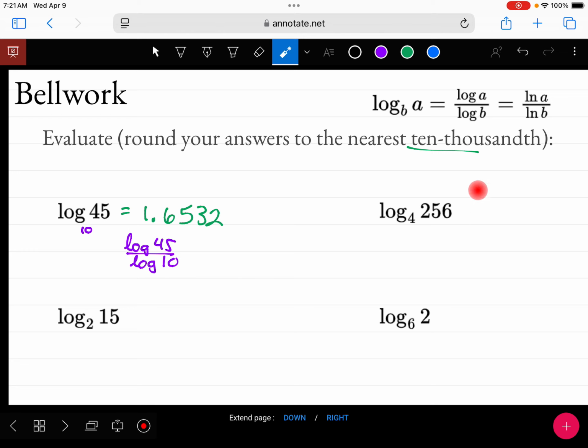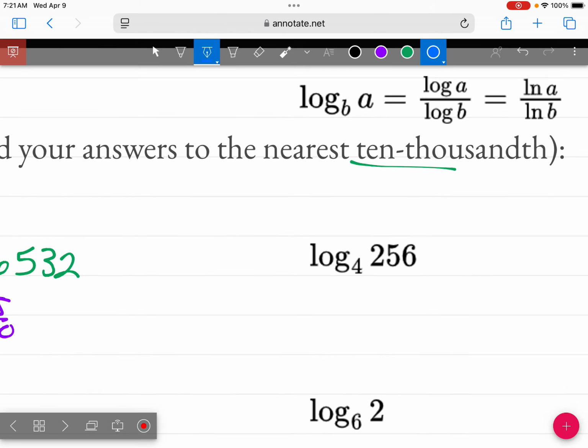What about log base 4 of 256? I think it should be 4. We're not going to get a decimal answer because this is our base of 4 to some power equals 256. And 4 to the 4th gives you 256. So you don't have to do this one with change of base.